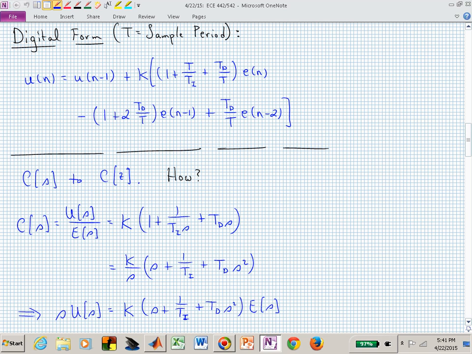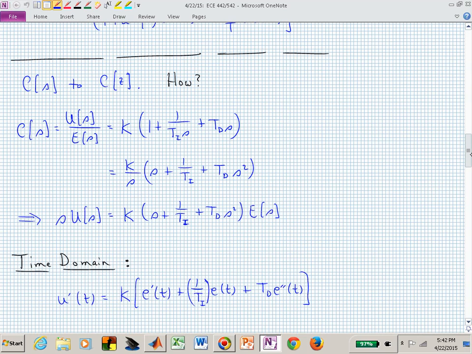If we cross multiply and then push the S to the left side, we end up with S U of S equaling this product of three terms that are associated with the proportional, integral, and derivative pieces of our control law. E is the Laplace transform of our error signal. U is the Laplace transform of the input.